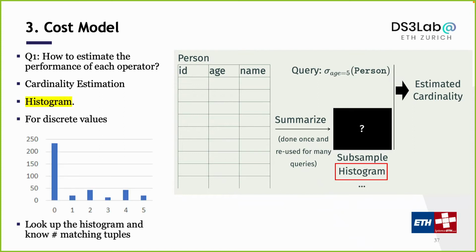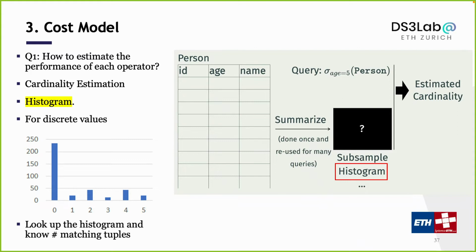For example, if you want to understand the selectivity over a discrete attribute, here I'm giving the age of a person. What you can do is build a histogram over that attribute. Given a relation, I can just sequentially scan it and count how many tuples have age equals 0, how many tuples have age equals 1, and so on and so forth.